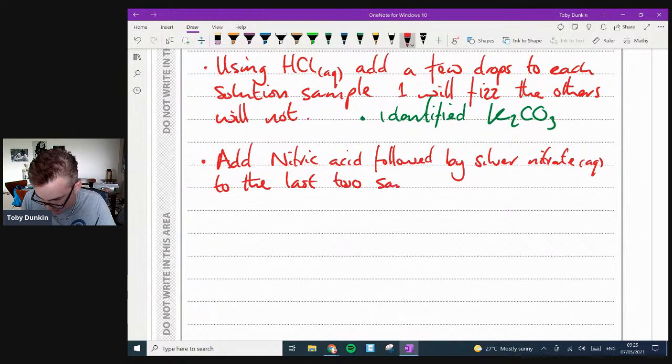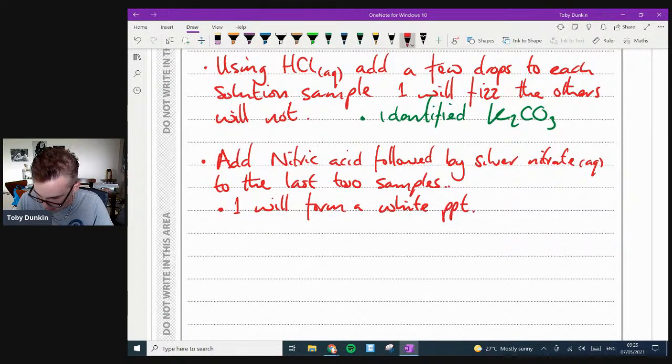One will form a white precipitate, identifying KCl, because you're forming silver chloride.